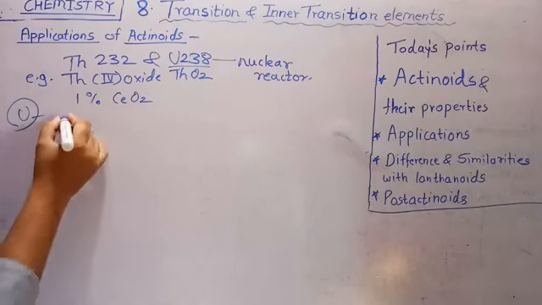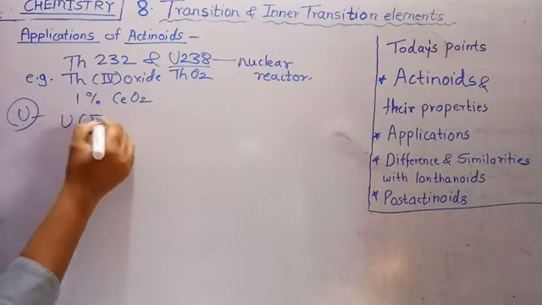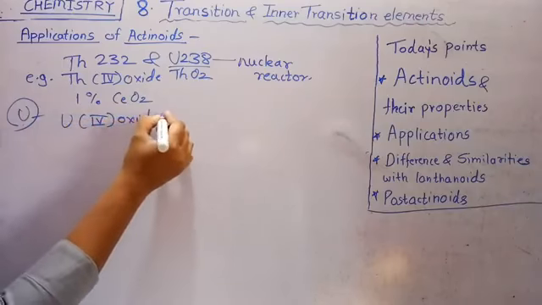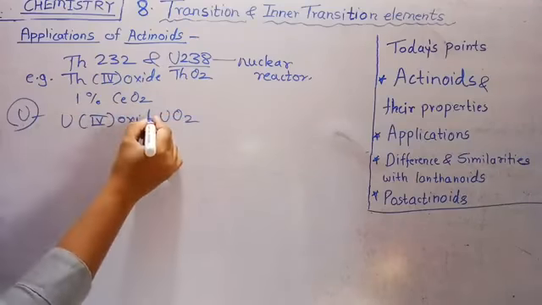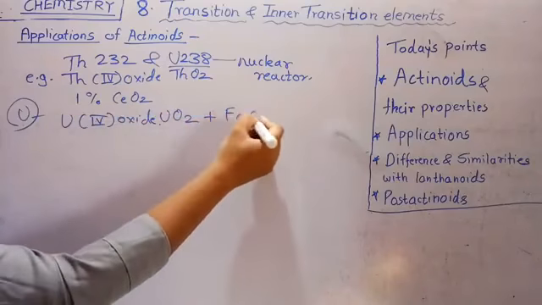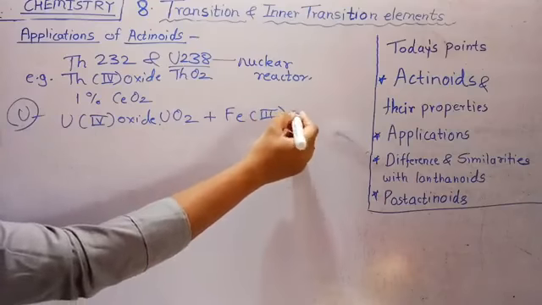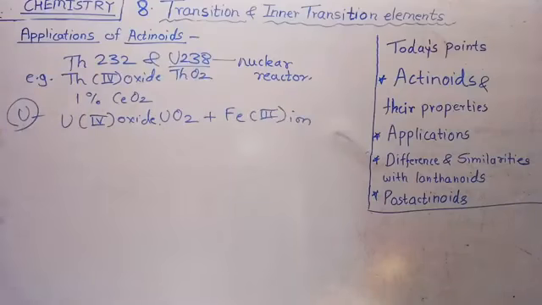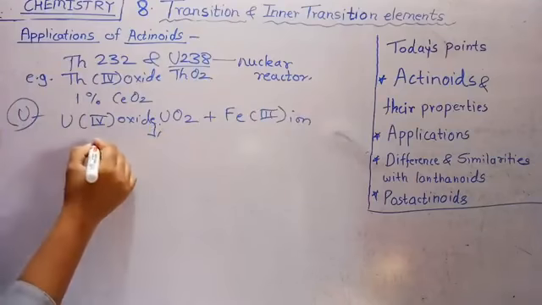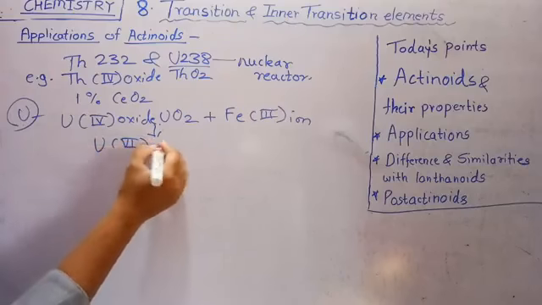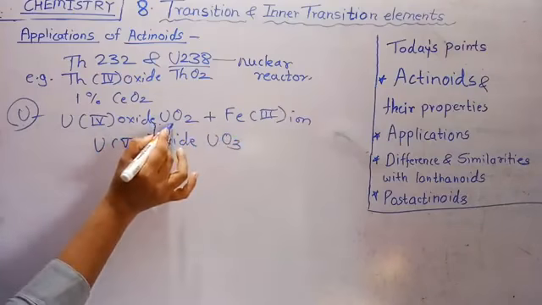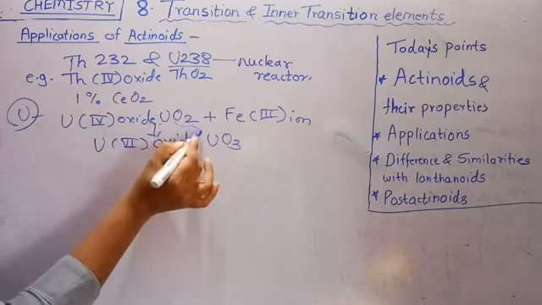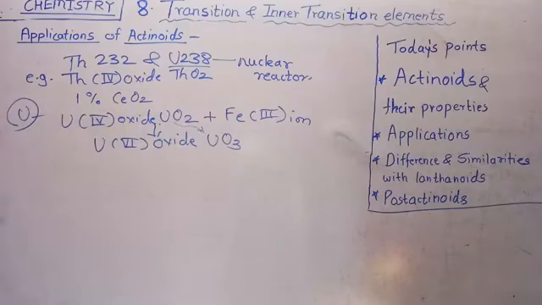The ore is uranium(IV) oxide, that is UO2. This uranium oxide is treated with iron(III) ion to form uranium(VI) oxide, UO3. Uranium(IV) oxide is converted to uranium(VI) oxide on treating with iron(III) ion.